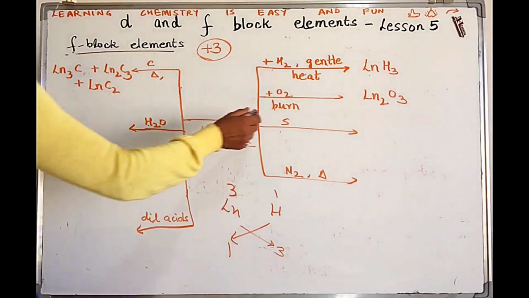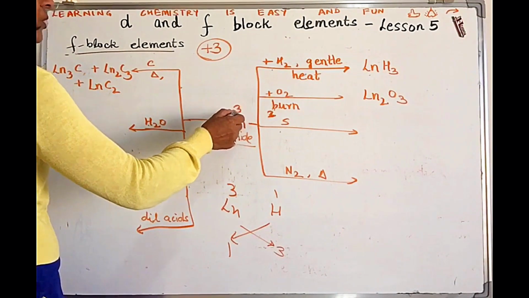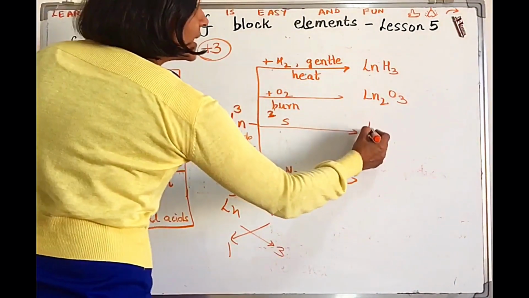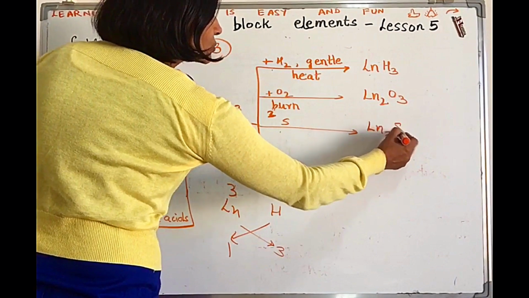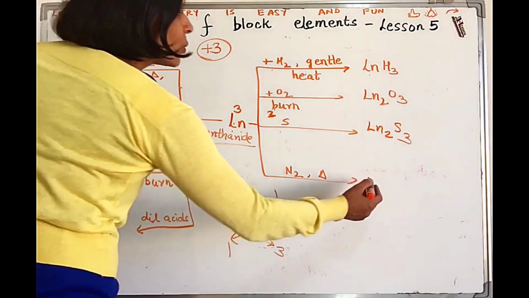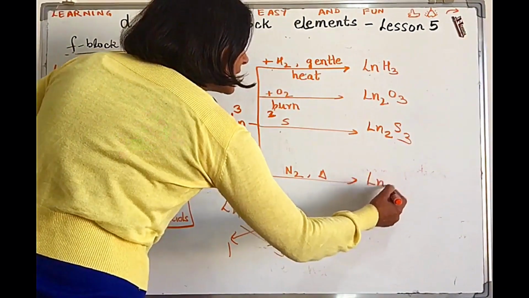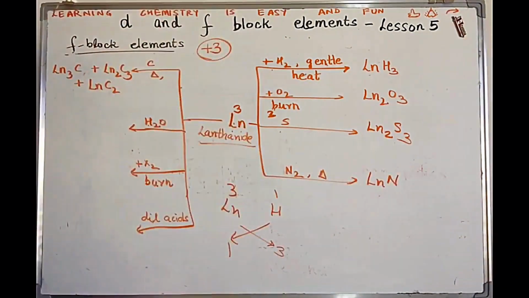Very good, it's 2. Lanthanide is 3. So what will be the formula? Ln2S3. Nitrogen, what is the valency of nitride? It's 3. What will be the formula for lanthanide nitride? LnN, with a capital N. Please be very careful about where it is a small n and where it's a capital N.